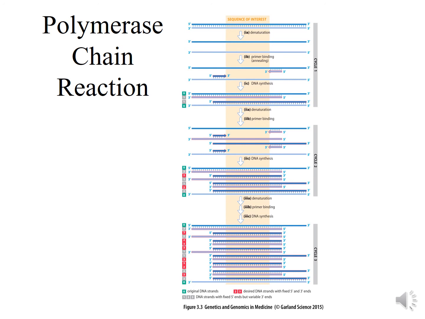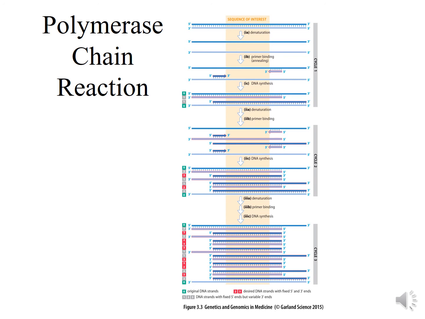Whereas the products with variable 3' ends increase arithmetically, the amount being equal to 2n, where n is the number of cycles, the desired amplified products initially increase exponentially until the reaction reaches a stationary phase as the amount of reactants becomes depleted. After 25 cycles or so, the desired product accounts for the vast majority of DNA strands.